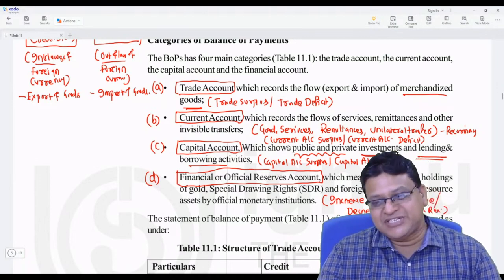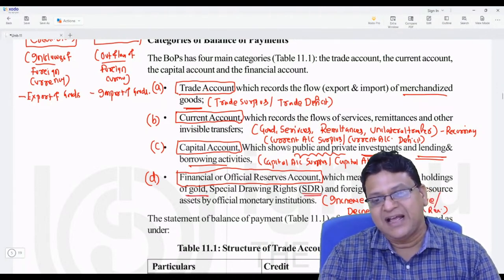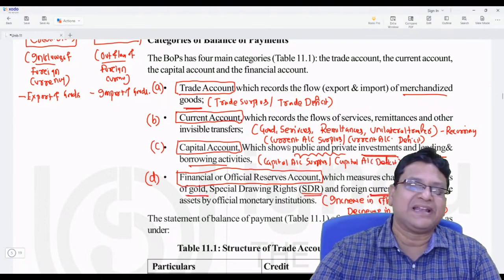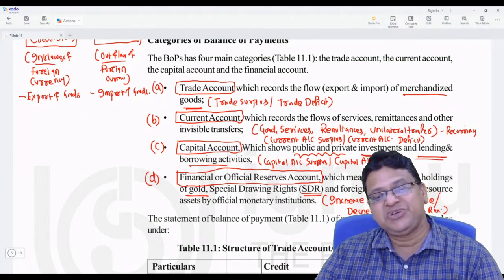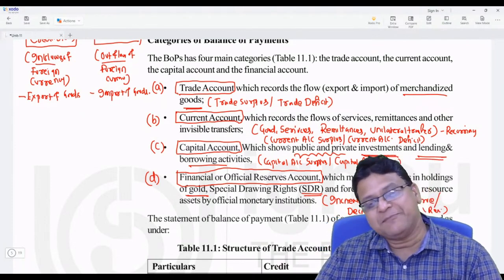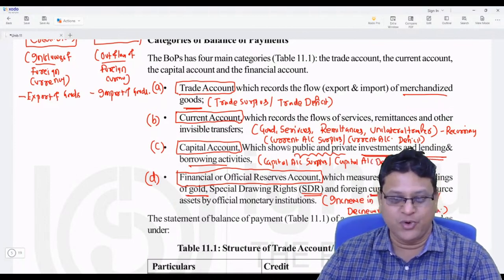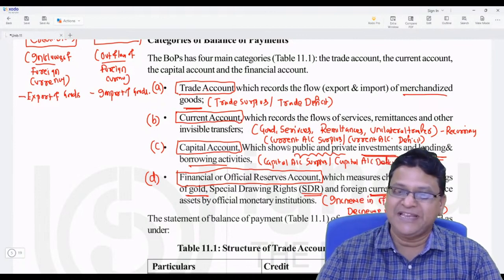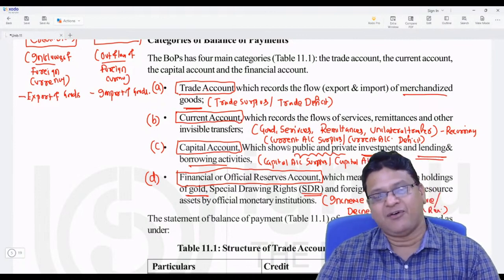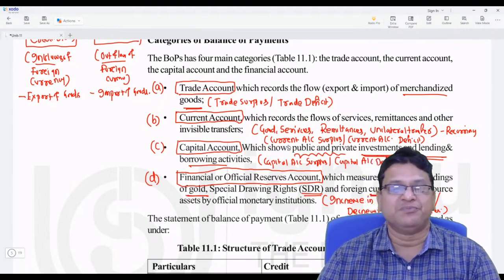The official reserve are kept in form of gold, in form of SDR and in form of other foreign currency. SDR means special drawing rights. It's the unit of account of IMF. So you can keep your official reserve either in gold or in SDR or in foreign currencies. There can be increase or decrease of official reserve due to BOP surplus or BOP deficit.